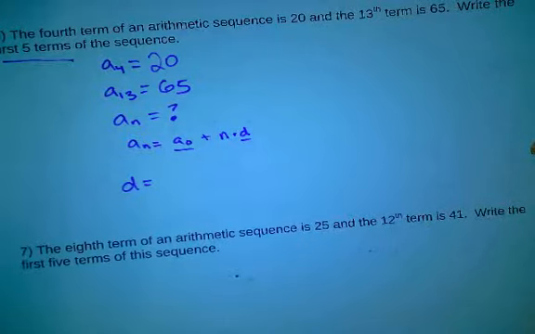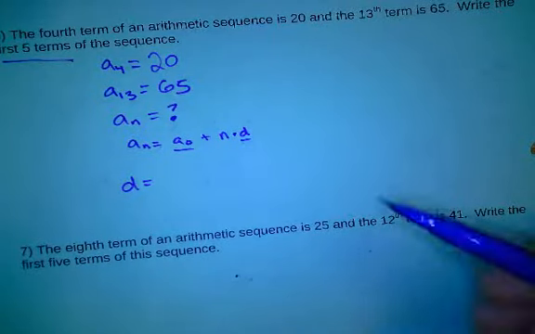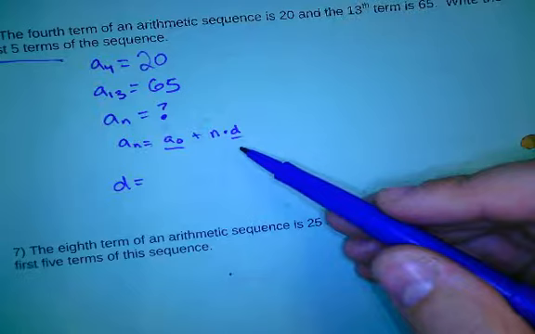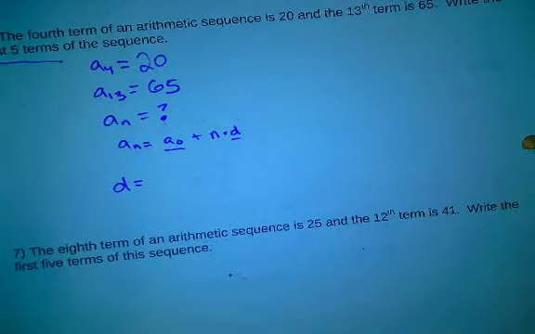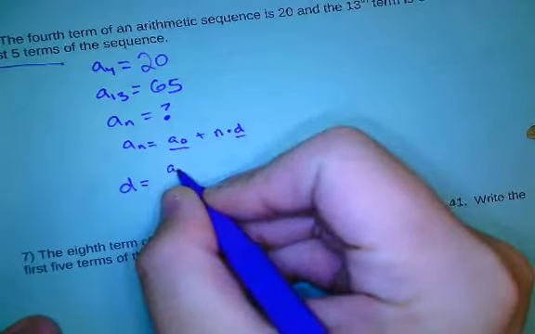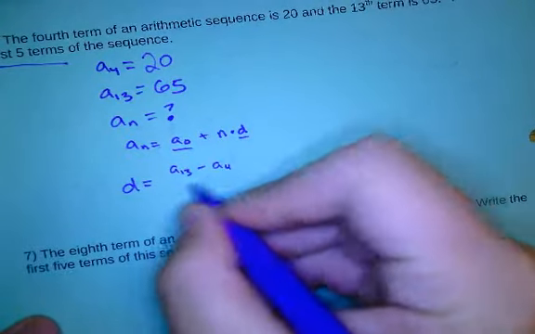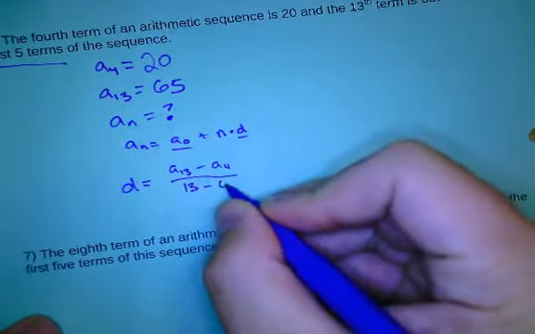I already mentioned that. It's super similar to a linear equation, and D represents the slope. So we're gonna do like the change in what's going on here. So this is gonna be a sub 13 minus a sub 4 all over 13 minus 4.